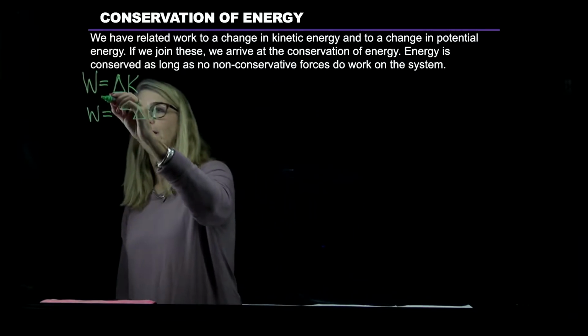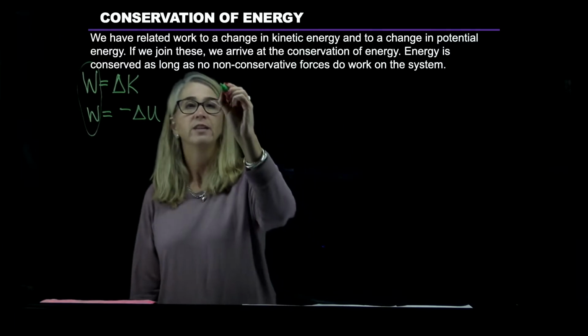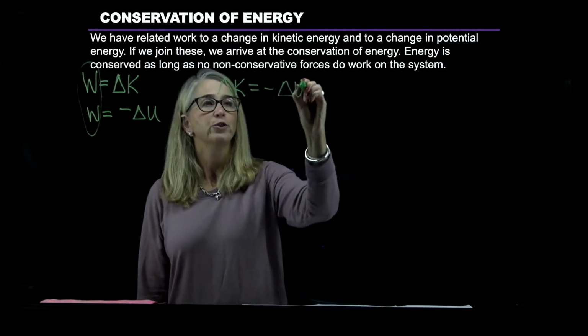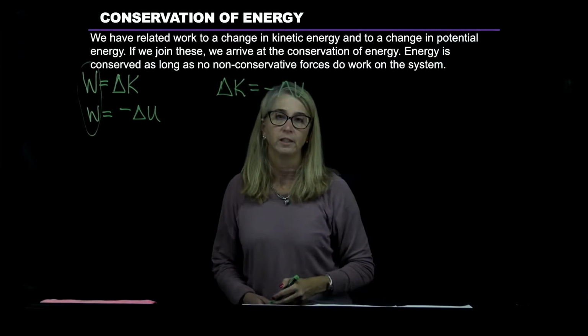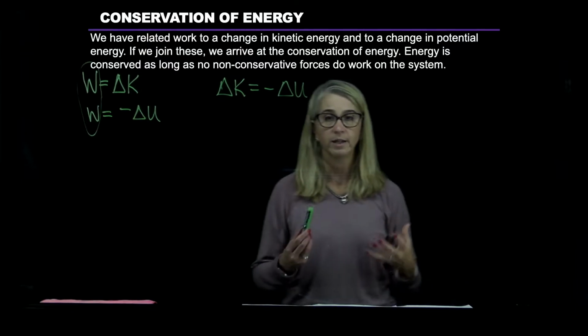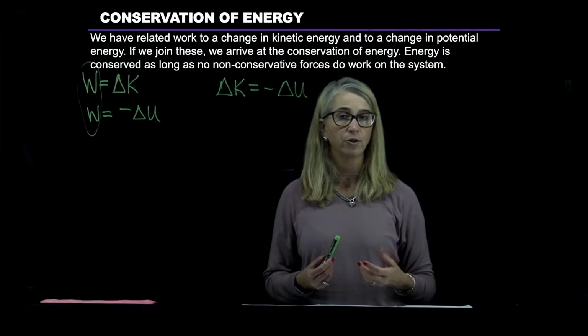If we equate the work terms, because they are the same, we can then make a relationship that is exclusively dealing with the energy terms. That is, we can say that the change in kinetic energy is equal to minus the change in potential energy.